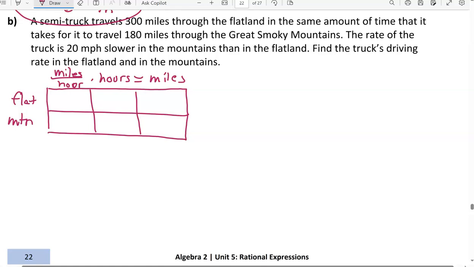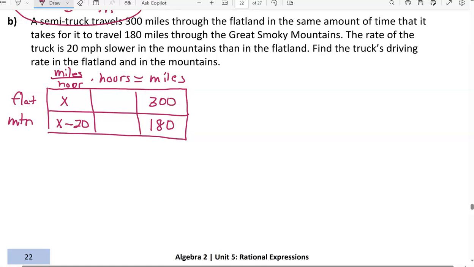In the flatland, it travels a distance of 300 miles, and in the mountain, it travels a distance of 180 miles. The rate of the truck is 20 miles per hour slower in the mountains. So if we call its rate in the flatlands x, then its rate in the mountains would be x minus 20.